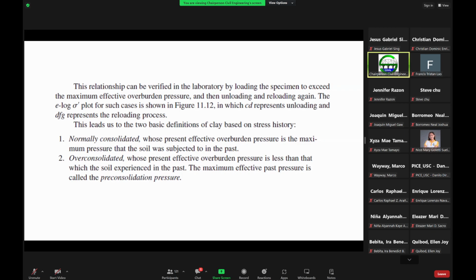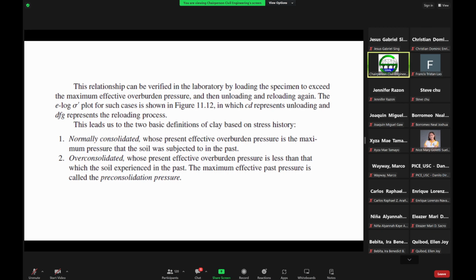Which means that when you say over consolidated, the existing soil on top of the soil material that you're considering is lesser than the effective past pressure that the soil experienced before. That's why it is over consolidated.